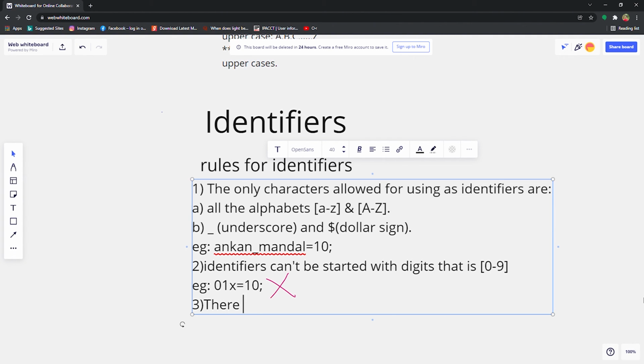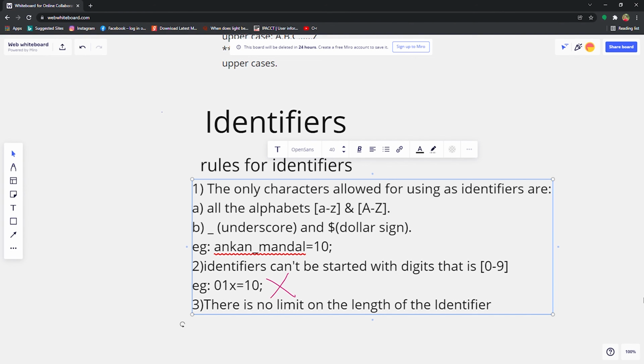And the third rule says that there is no limit on the length of the identifier. You can name it as long as you want. But it is always advisable not to use more than 4 to 5 characters. Keep it short. क्यों करना है यार, ज्यादा लंबा क्यों करना? अगर करना चाहते हो तो कर सकते हो, कोई प्रॉब्लम नहीं है, but why to use?